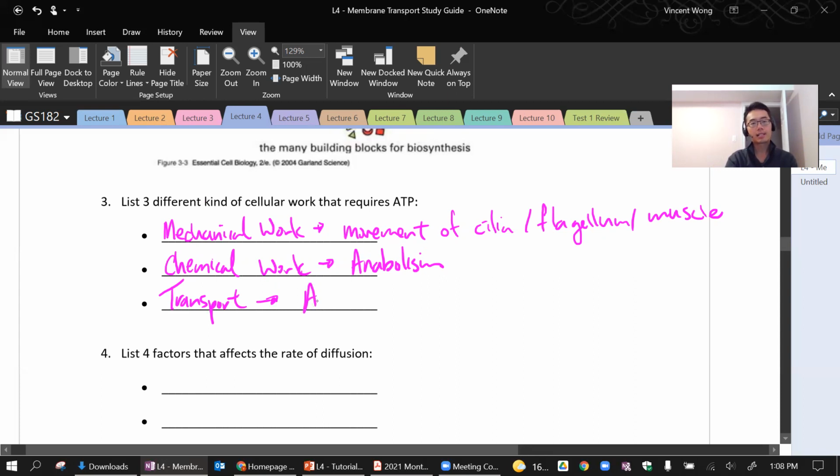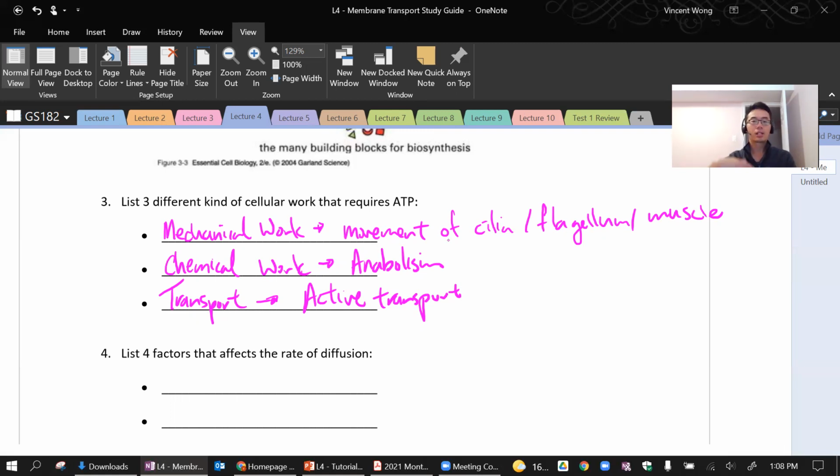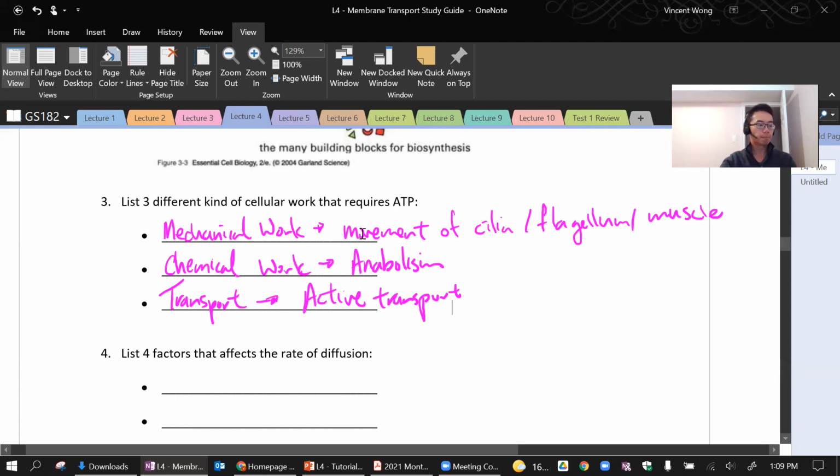So active transport. If we move things from an area of low concentration to an area of high concentration, against their concentration gradient, then you would have to supply energy in the form of ATP. So those are the 3 kinds of cellular work that require ATP.